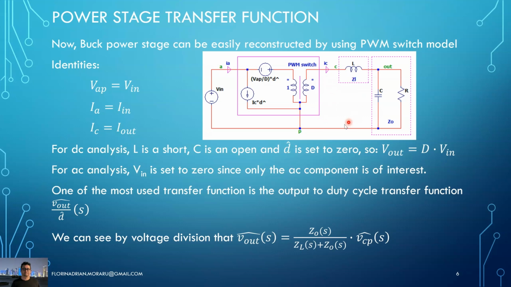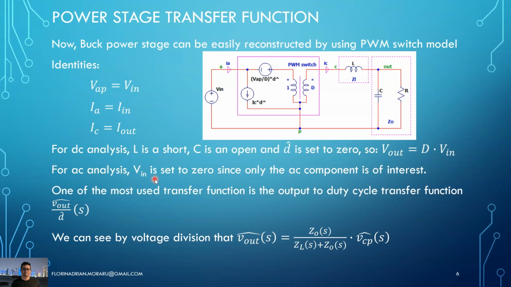If we do this, we can apply the ideal transformer equation. So we will have input voltage over 1 must equal output voltage over D. From this expression, we can extract the output voltage as being duty cycle times input voltage, which is what we expect it to be for a buck converter.